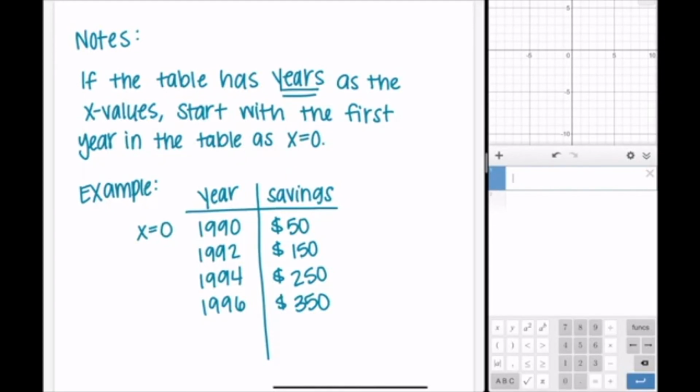Then in 1992, notice that 2 years have passed, so that's going to be an x value of 2. For 1994, x would be 4. 1996, x would be 6. So really what you're typing in instead of the actual date is the years that have passed.